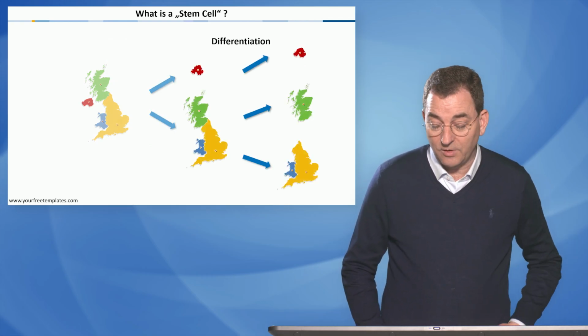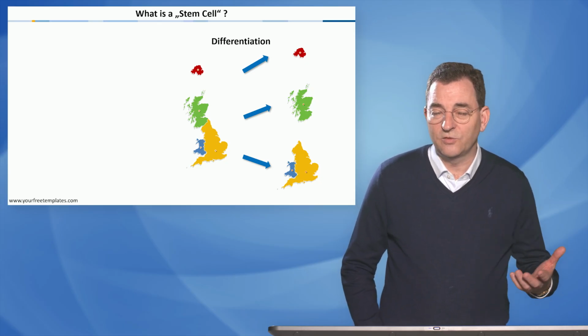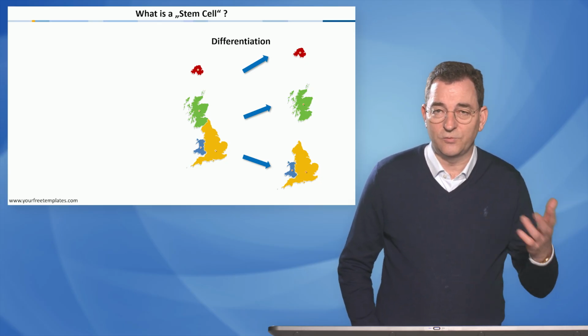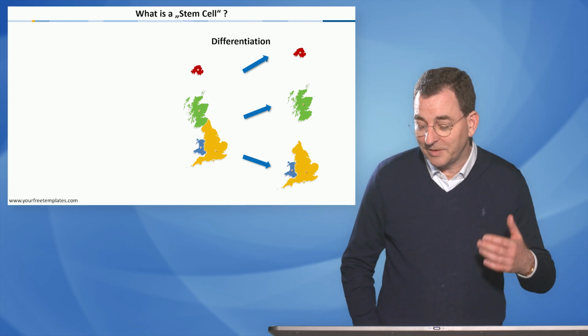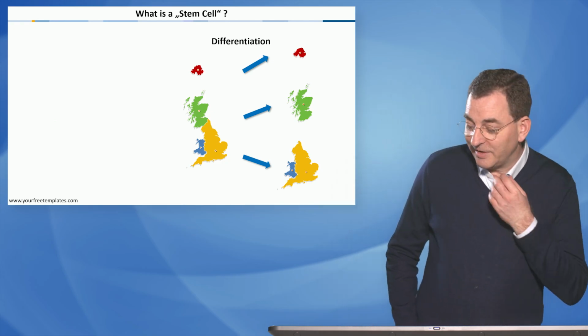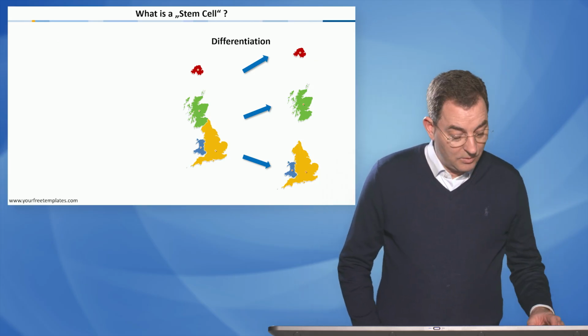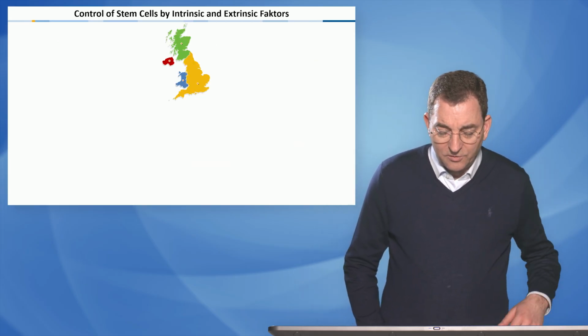Or it can fall apart, let's say differentiate towards single units which have different functions, different identities, and one can easily imagine how that works in the United Kingdom, especially when thinking of Scotland. So, certain units.